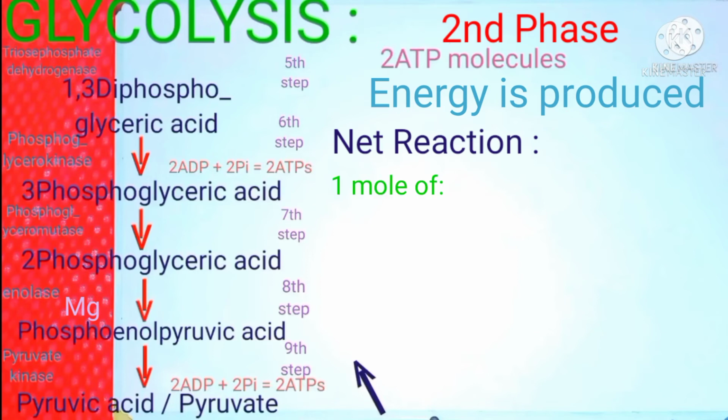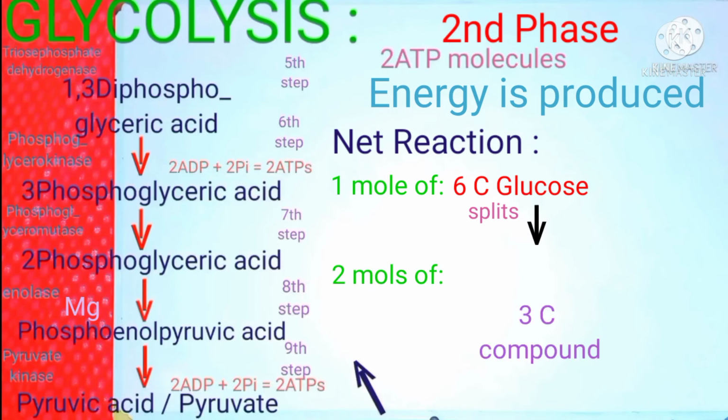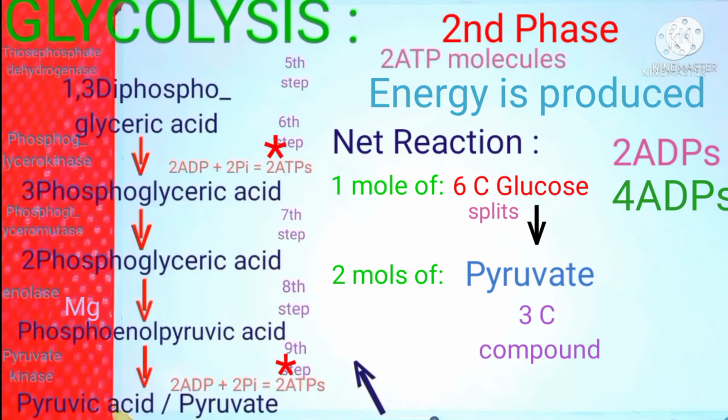As we have one molecule of 6 carbon glucose that splits into two molecules of 3 carbon compound pyruvate, there is a net utilization of only 2 ATPs, since 4 ATPs are obtained during the second phase, out of which 2 ATPs are utilized during the first phase.